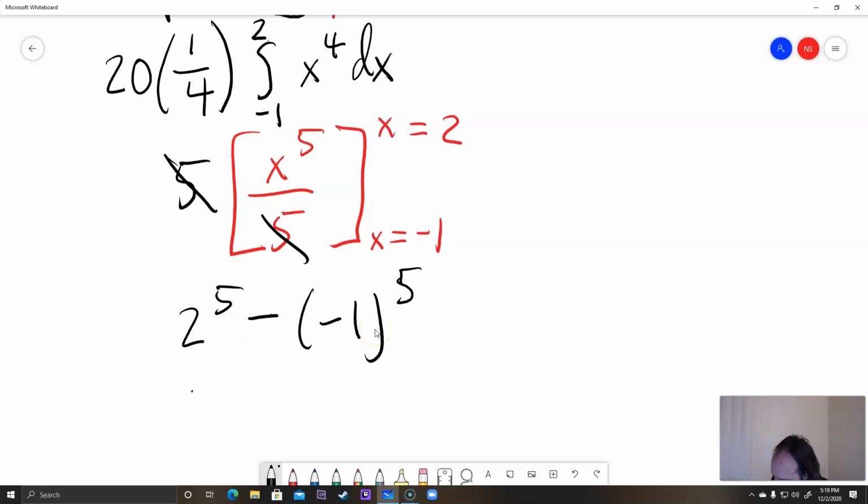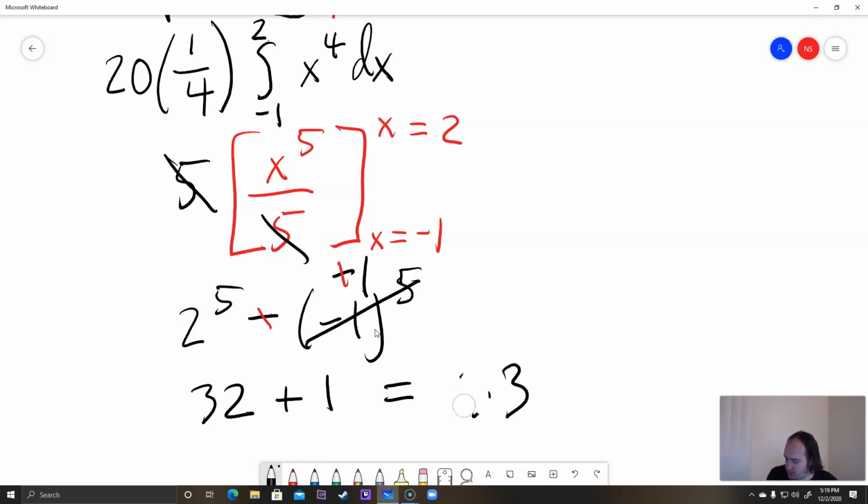So 2 to the fifth is 32. And then -1 to the fifth, because it's an odd power, is going to be -1. But then these minuses are going to cancel out. Okay? So we're going to end up with 32 plus 1, which is 33. Okay, so our answer is 33.